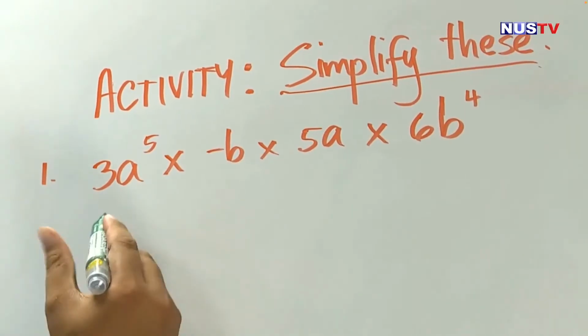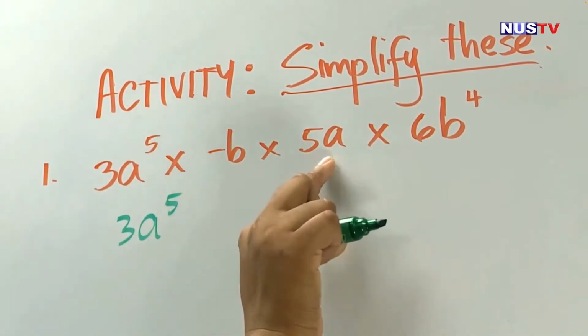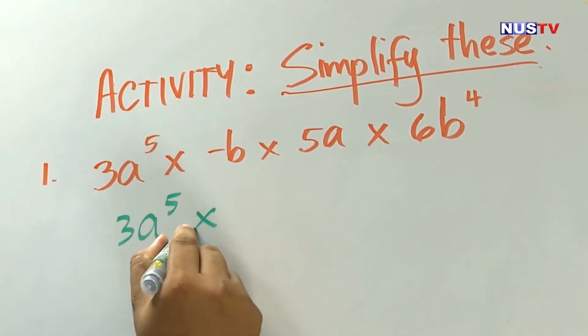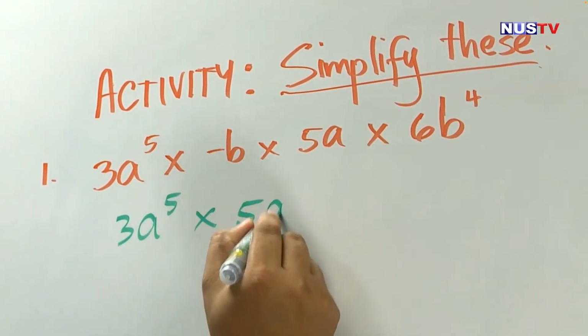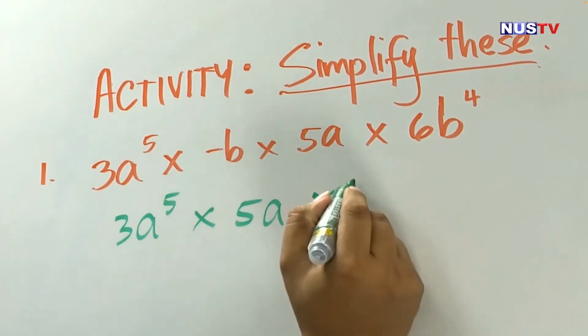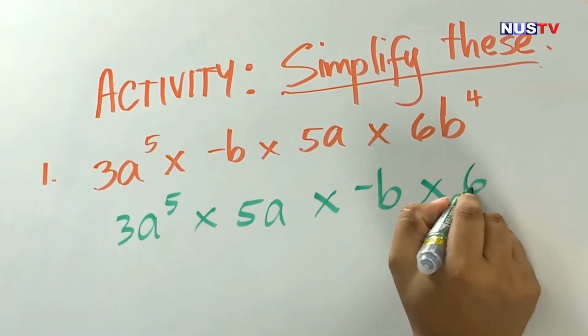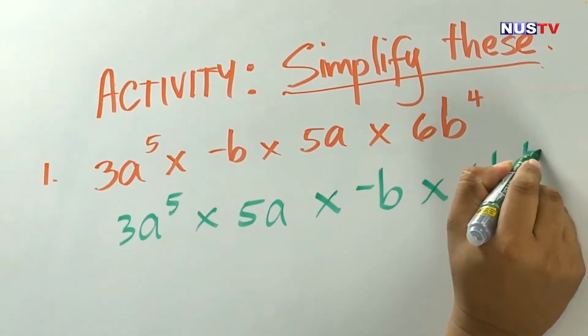So 3a to the power of 5, we're going to bring that down. So 3a to the power of 5, and then we multiply by 5a. Then we multiply by b here, that's negative b, and then multiply by 6b to the power of 4.